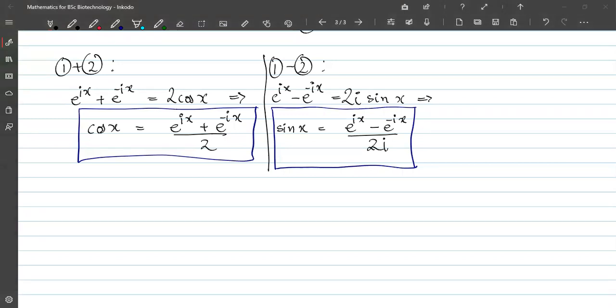So to find the series expansion of cos x, we just use this expression. But let's look at this. You have e to the ix plus e to the minus ix by 2.